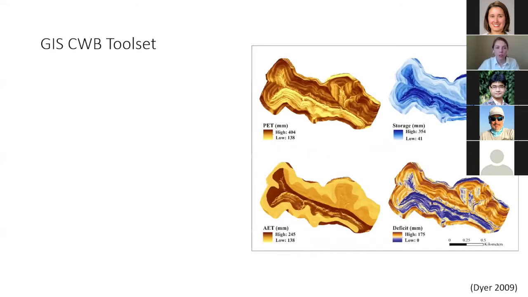So we introduced that climate-water balance idea. Now I want to talk about how it's been applied as a GIS variable or a GIS toolset. So Dyer in 2009 created this GIS toolset that you can import into ArcGIS. And with some user data I will talk about next, you can create and calculate these climate-water balance metrics for your study area.